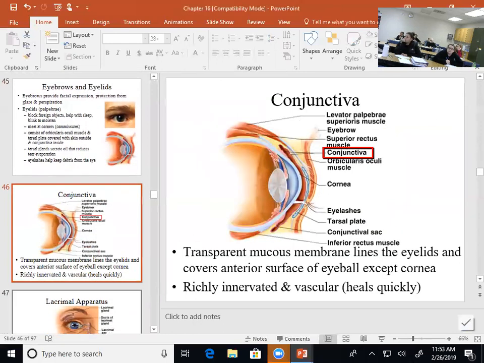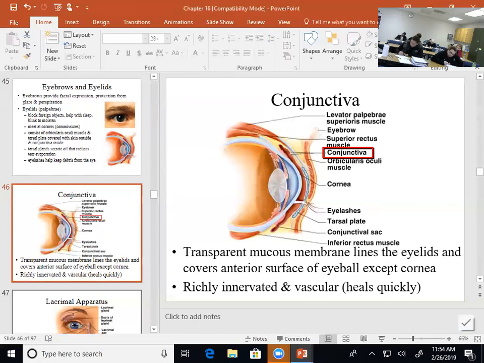Now, if you've never heard this term, make sure you know it. This structure is a conjunctiva. What I want you to know about the conjunctiva is it truly is transparent, but it's a mucous membrane. It's very, very delicate, lining the eyelids and covering the front surface of the eyeball, except for the cornea, all the way up to the cornea.